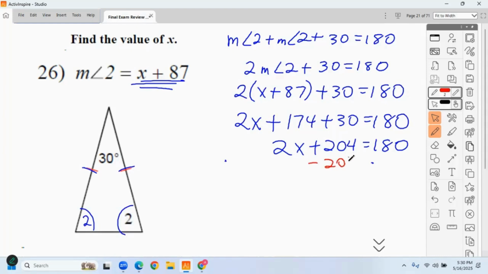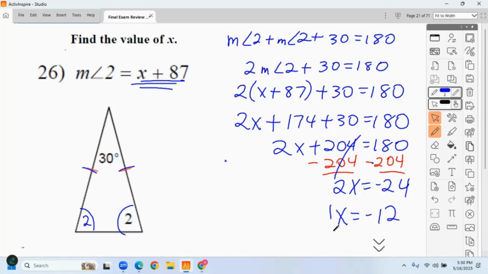In this case, it looks like we're going to cross that out. 2x is equal to -24. Divide both sides by 2, we're going to get x equals -12. Let's just leave it at that. That looks really good. We got the value of x, and we're on to the next. Rolling.